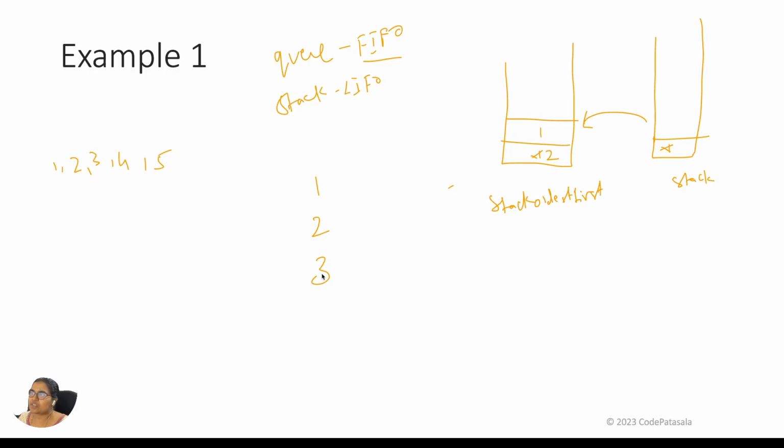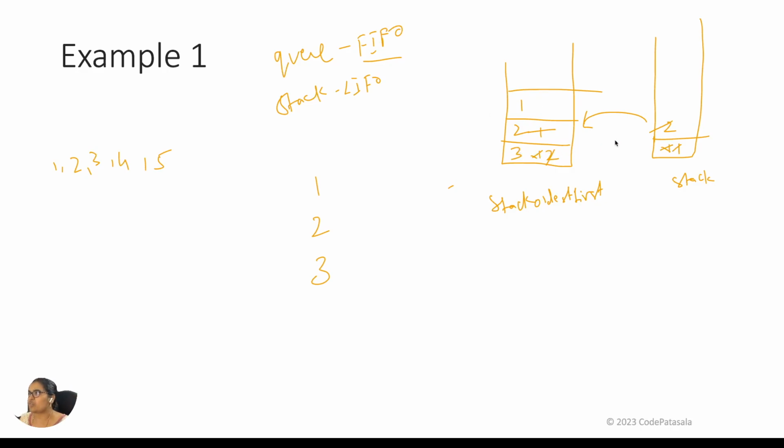Now, when we try to insert 3, again we follow the same logic. We push 1, we push 2, then we insert the current element, then we move elements from here to here. If you see, since we are doing the reverse operation, the order is clearly maintained.